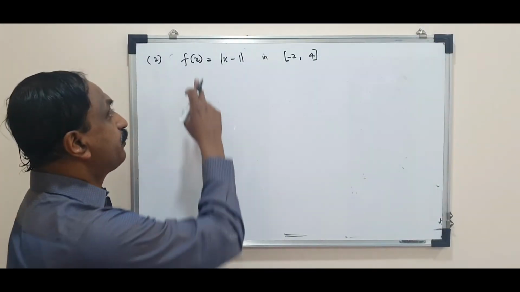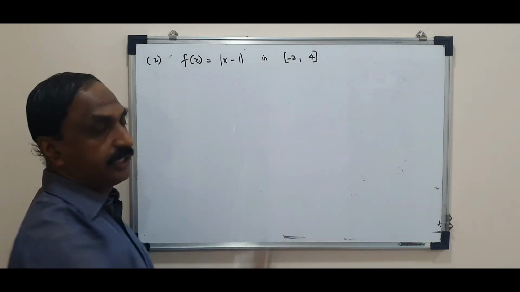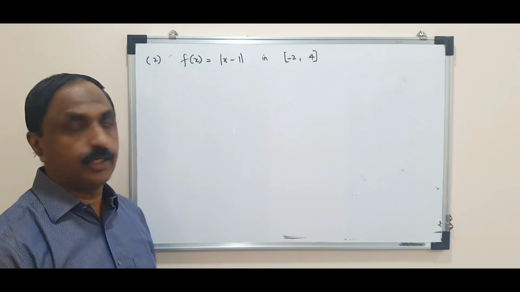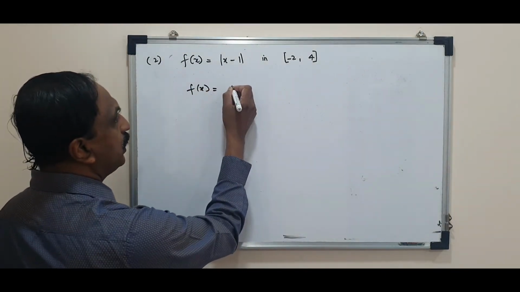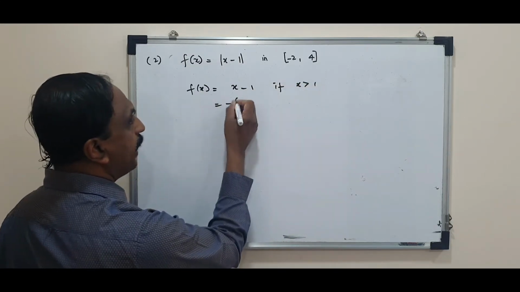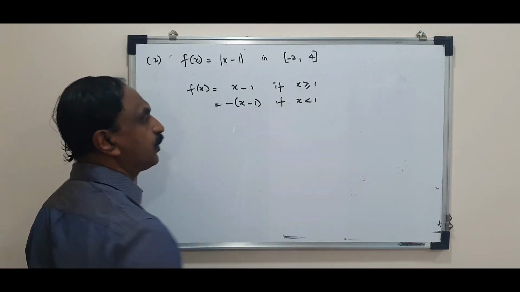Let's check the validity of this function, f of x equal to modulus of x minus 1 in the interval minus 2 comma 4. Now you know that modulus of x minus 1 is a continuous function. For example, f of x is equal to x minus 1 if x is greater than 1, and equal to minus of x minus 1 if x is less than 1. That's the meaning; you can put equal to anywhere.